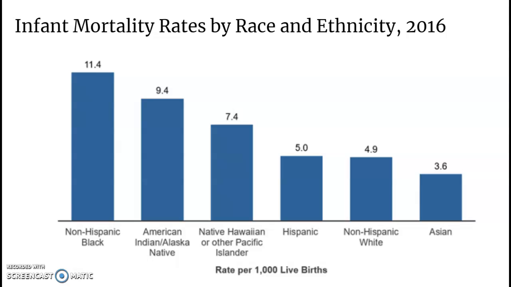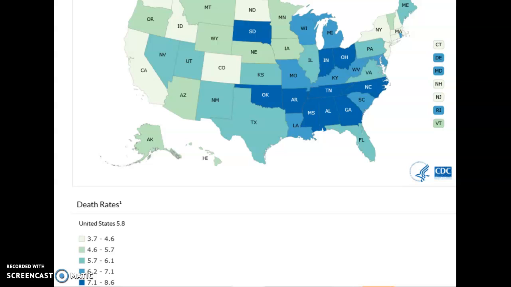This graph from the CDC illustrates how infant death disproportionately affects minorities. The dark blue states on this map indicate the highest rates of infant mortality, as high as 8.6.